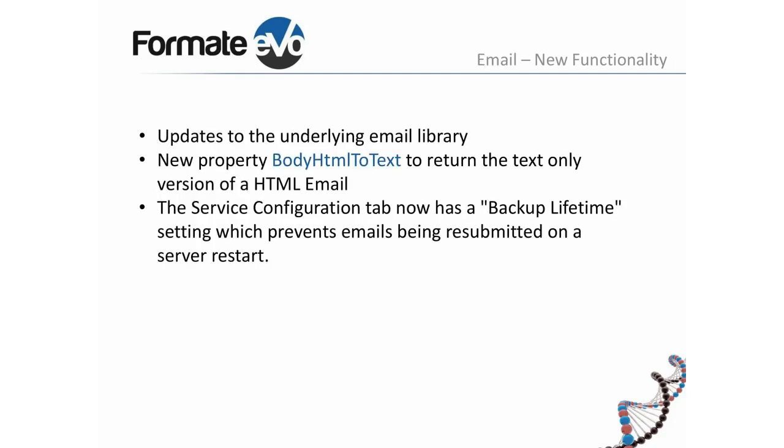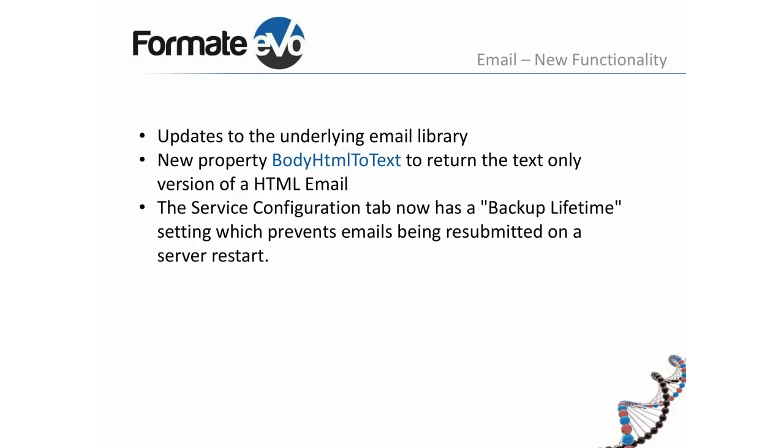Okay, so we'll have a quick look at the email functionality that's added to eVo 21. So number one, we've updated a lot of the underlying functionality to the email connectors, if you like, by updating the libraries.